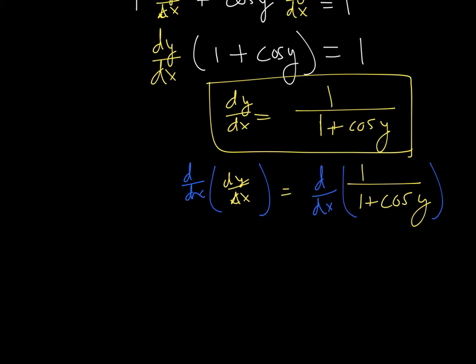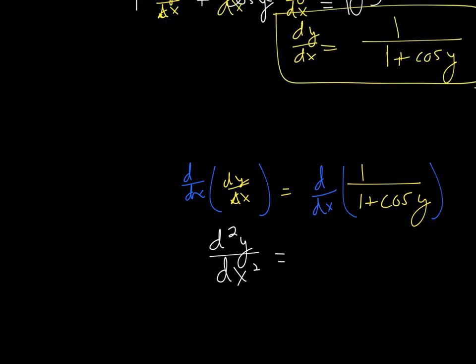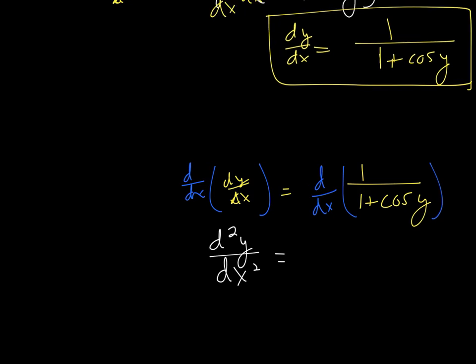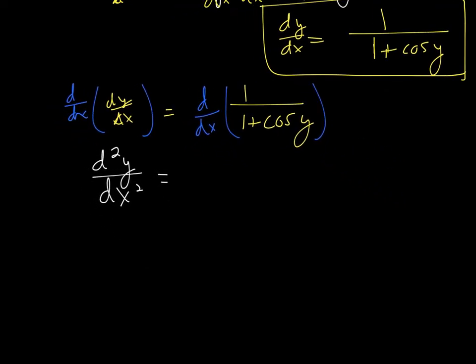So on the left hand side, I'm going to get my second derivative, and on the right hand side, surprise surprise, we have another quotient rule. Seems to be a popular thing. So we are going to have to deal with our quotient rule, and you know what, I'm just going to keep that one up there because I know I'm going to need that in a second, and let's go ahead and move this over so I've got a little bit of room to work.